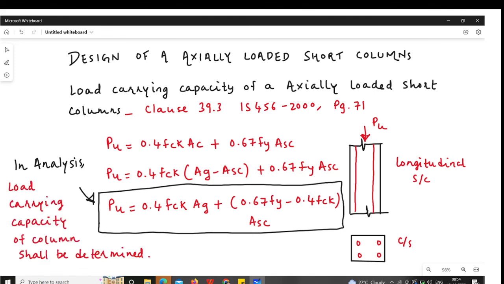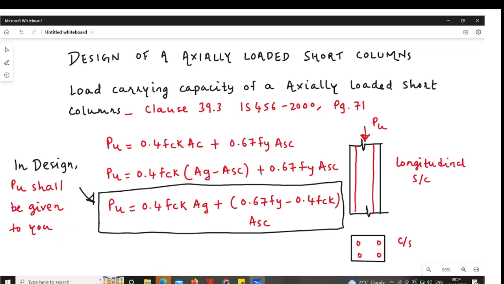In analysis, what will be given to you? The area of the column will be given to you, the steel in the column will be given to you, and you will be asked to find the load carrying capacity of the column. In case of design problem, the load will be given to you.